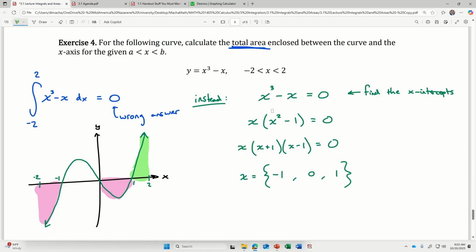And this negative area, that little valley, is going to cancel out with this positive area in this little hill. You see how those are going to be exactly the same shape, exactly the same size, but half are negative and half are positive, so they're just going to cancel each other out.